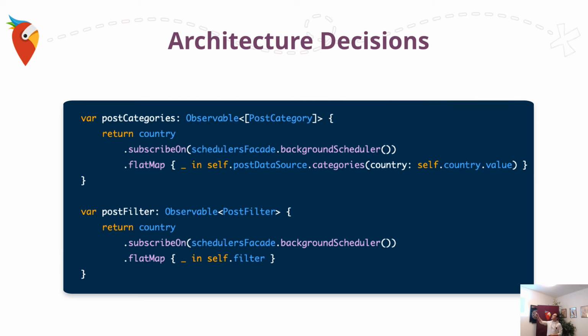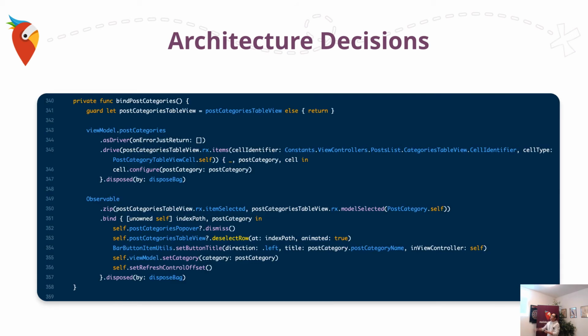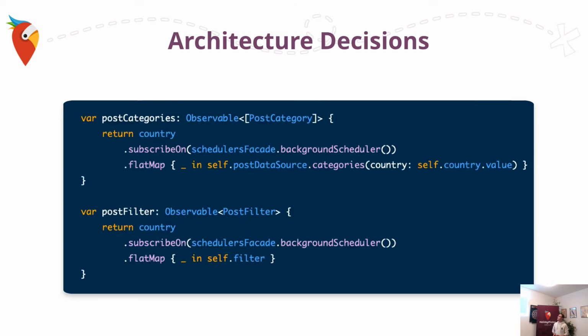New data will be written on this stream for the post categories, and my table view will just react to that because it's bound here, and then I see my table view updated. We also found that this prevented so many bugs and crashes that we had before, especially when you are dealing with table views and when you refresh data between different sources. For example, when we changed our countries, this caused so many bugs and crashes.